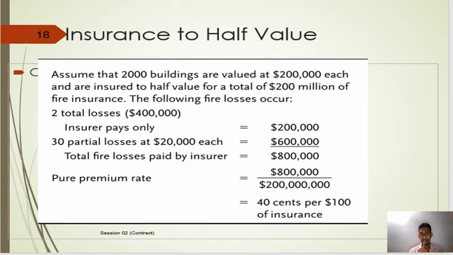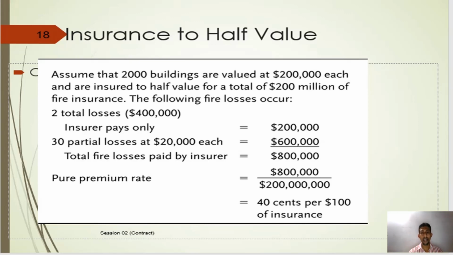Let me take another example where the insurance is done for half the value of an asset. If you take this example, we talk about 2,000 buildings at a value of $200,000 each. But here we are trying to insure half of the value of the assets, which is going to be $200 million worth of assets. So each building, even though it is valued at 200,000, is insured only for half its value.